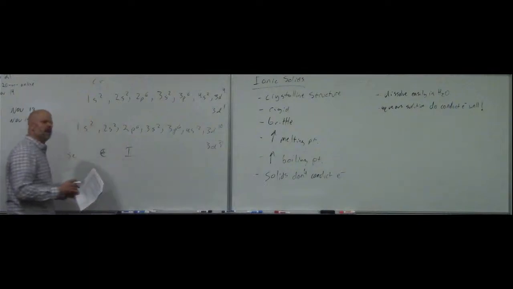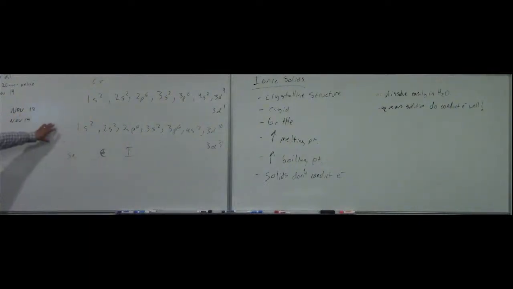The thing is with the metals in the d block, they can do some funny things with shifting electrons out of their d orbitals. But with your nonmetals, they're just going to try to fill. That's it. You don't have to worry about funky things happening in multiple different oxidation states.